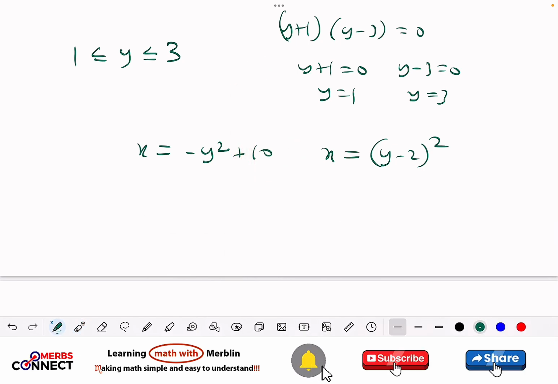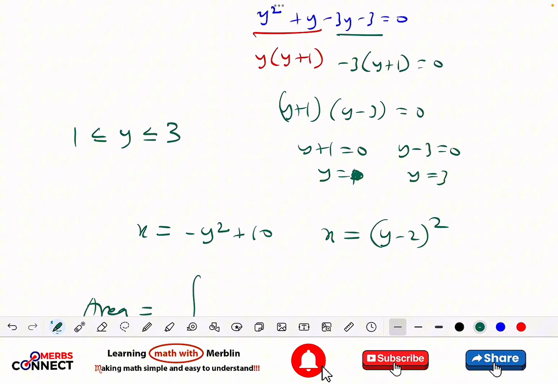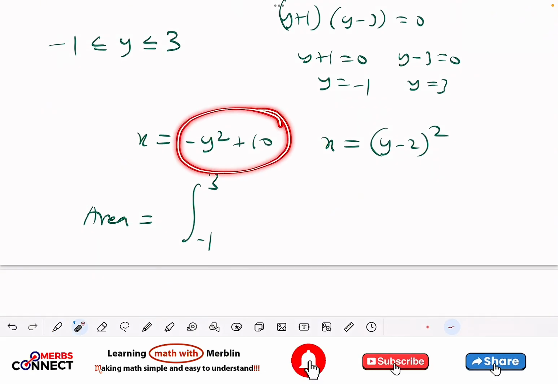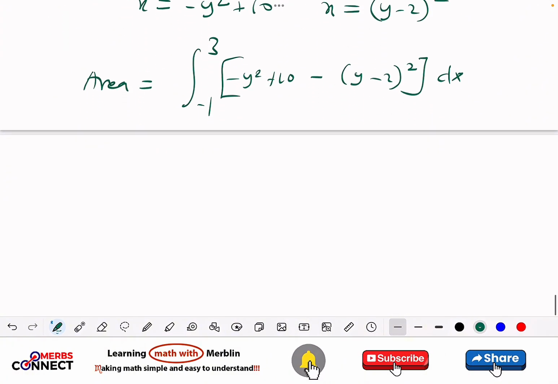So here, the area will be equal to integrating from, okay, this one's supposed to be minus 1, integrating from minus 1 to 3. Now, this is going to be the below one. So minus y squared plus 10 minus y minus 2 all squared, dy. So let's do this one and see what we are going to get.